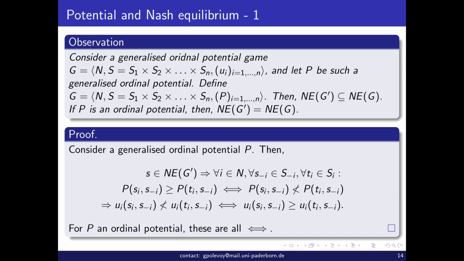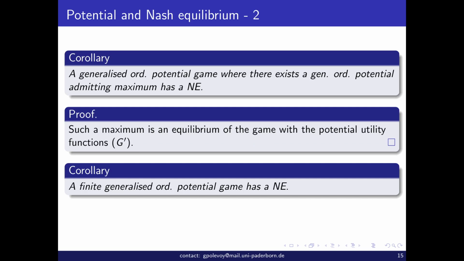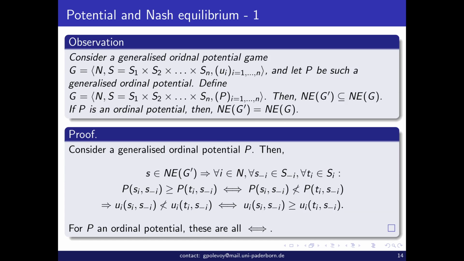there is a typo here. It's not for each strategies of the other player, it's for these concrete strategies of the other players, and for each strategy to which player i can deviate. One second, I need to fix that.